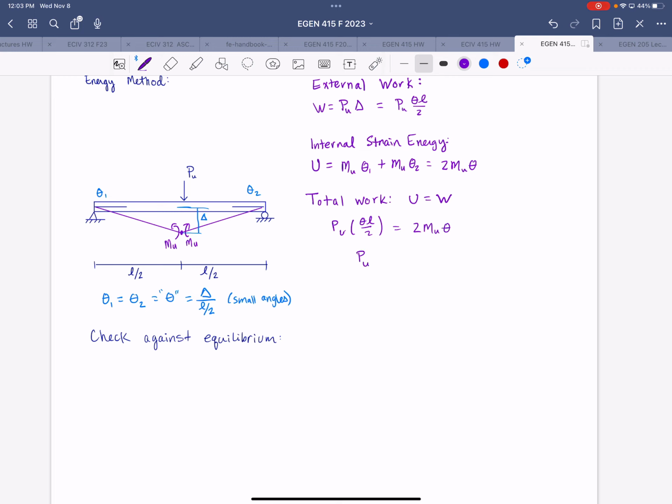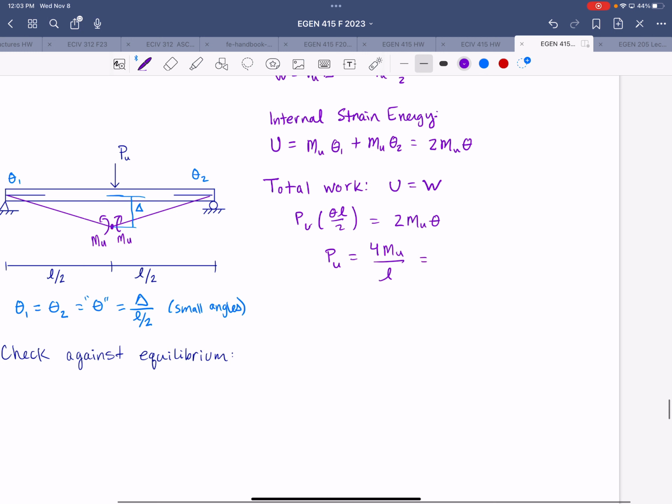So solving for Pu in terms of Mu and L, Pu is equal to 4 Mu over L. And then plugging in the term for Mu in terms of the cross-section geometry and yield stress for this rectangular cross-section, we have 4 over L times B C squared times the yield stress.